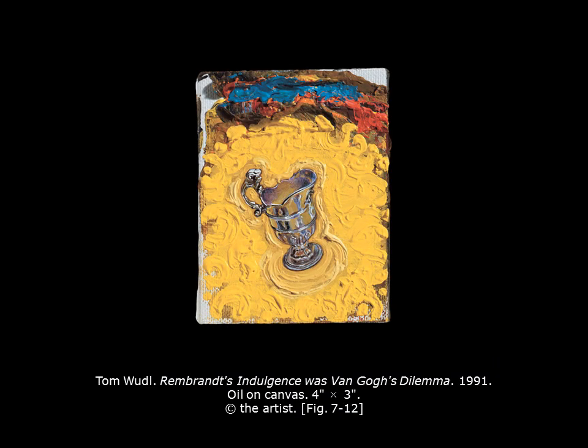This is an oil painting titled Rembrandt's Indulgence Was Van Gogh's Dilemma from 1991. And it's a fun little poke at two of the most famous oil painters around, Rembrandt and Van Gogh. The technique that is this heavy layering, thick layering of oil paint is titled impasto.